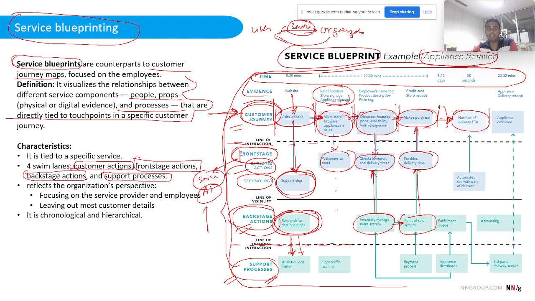At the backstage, if it's an AI bot, then you have machine learning, databases, or algorithms, and if it is a physical person behind the front end, then you will have customer service people responding to your queries via this interface. So this can be used for both physical interactions as well as virtual interactions.